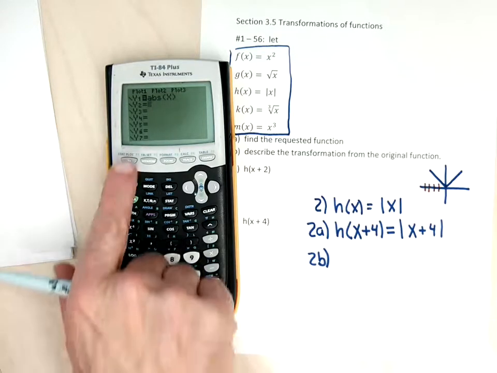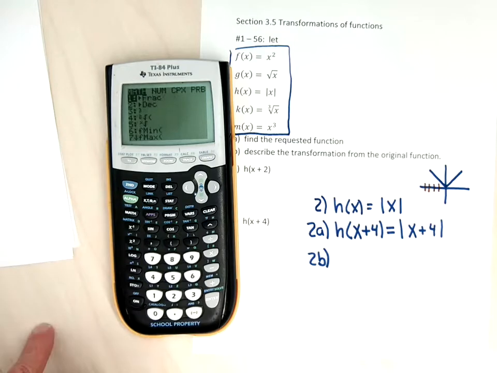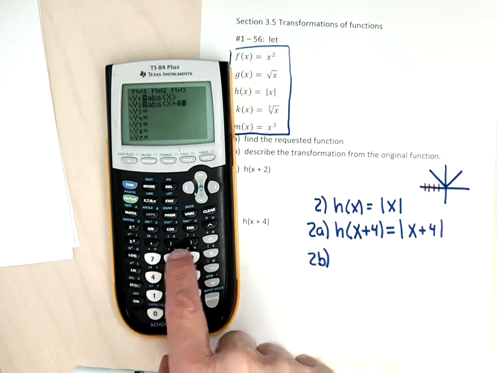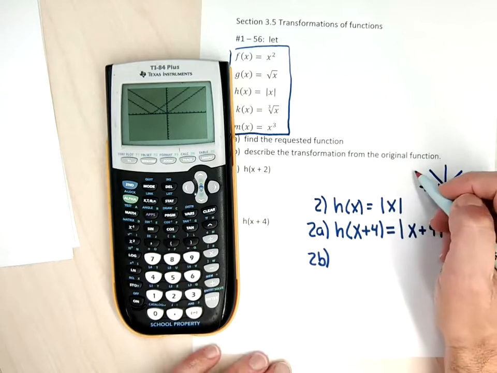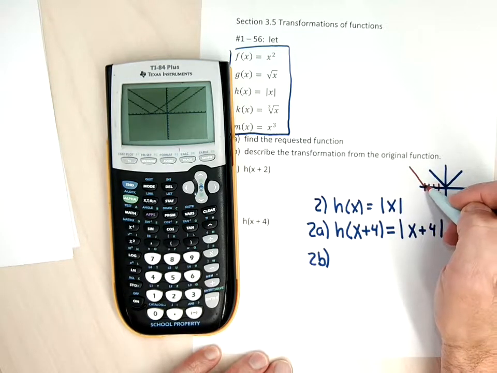To do that, I move down to my y2, I hit my math button, I go over to NUM, I hit enter on absolute value, I type in x plus 4, close out my parentheses. Now when I hit graph, it's going to graph the function, the absolute value of x plus 4.